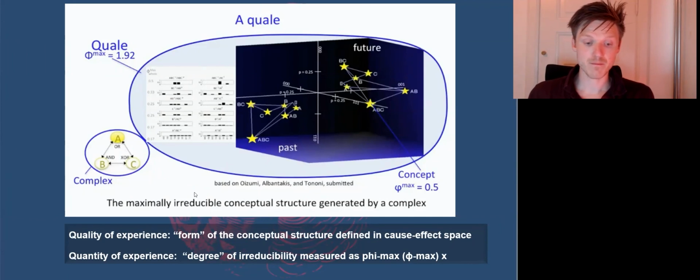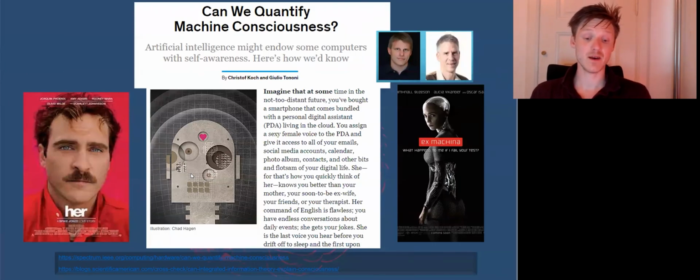Now, because IIT is defined in formal mathematics, this actually makes it possible to ask if computer systems like AI are actually conscious. And this leads to some interesting ideas actually proposed by some of the leading proponents of IIT. So for example, is Siri on your iPhone conscious?